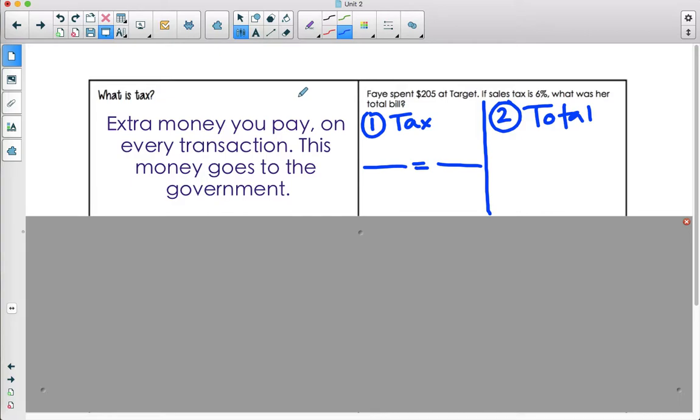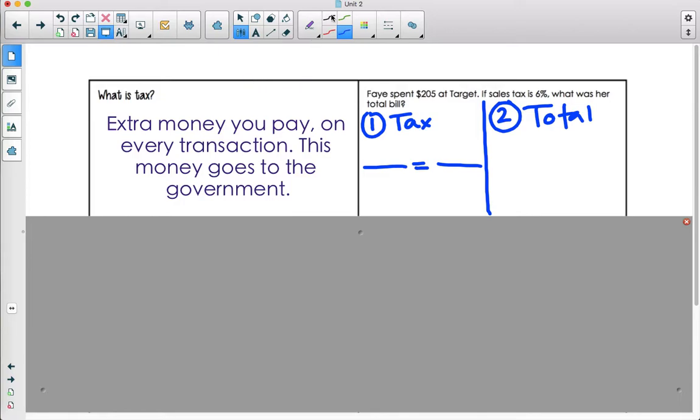When you go to the grocery store, Target, Starbucks, or the Nike store, anything you pay for from a store gets taxed. This extra money goes to the government to pay for things like redoing our roads. We have a lot of construction going on right now down on John Deere Road, on the 74 bridge. All of these things get paid for by the tax that we pay.